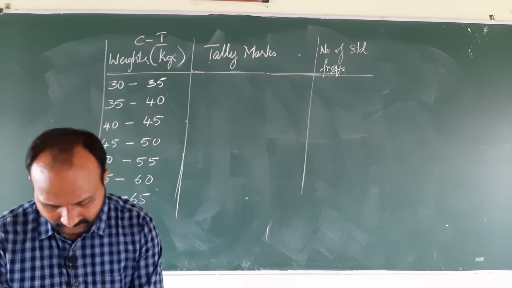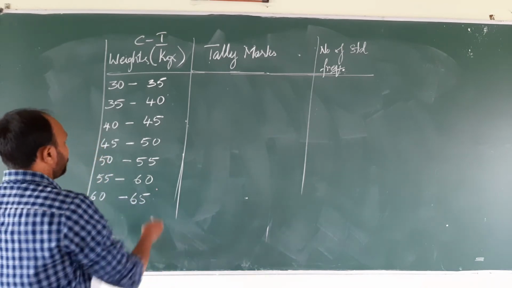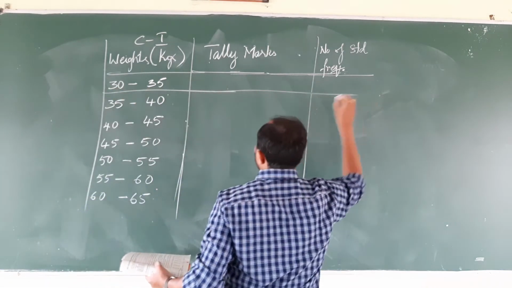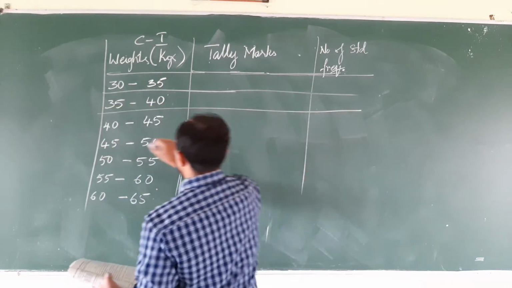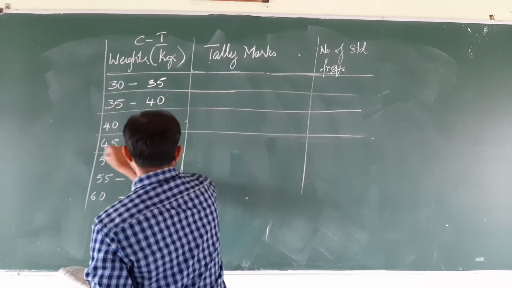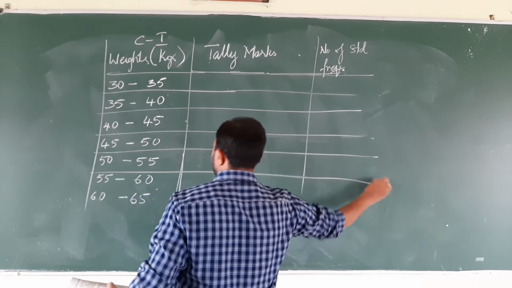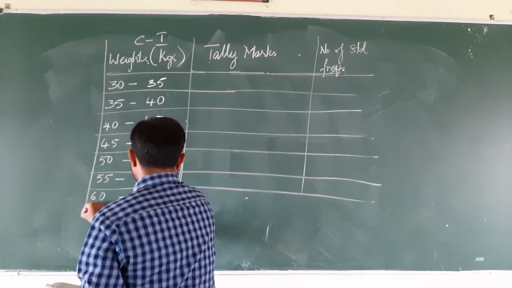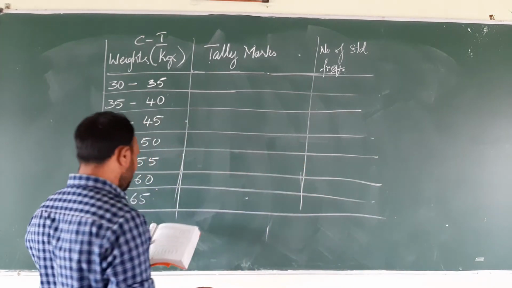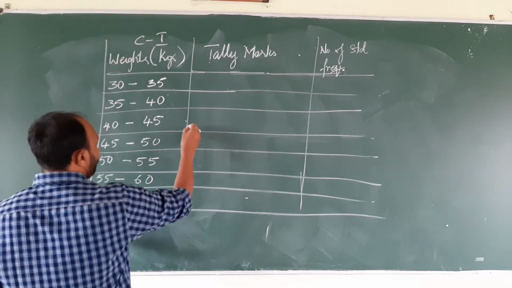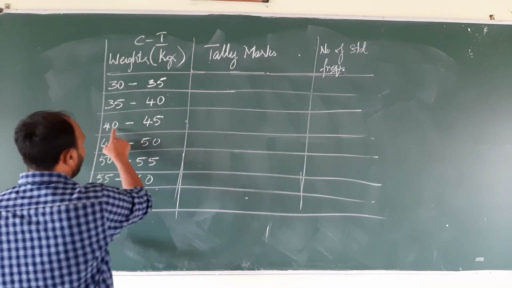I will start putting the tally marks. The first data is weight 42. It comes under the third class, 40 to 45.